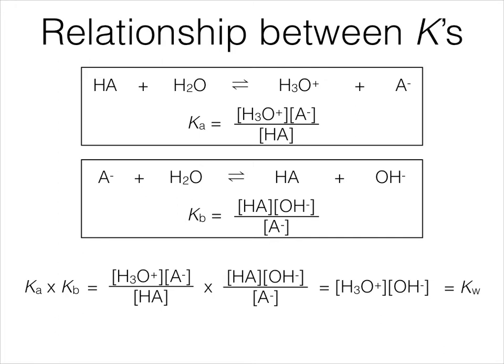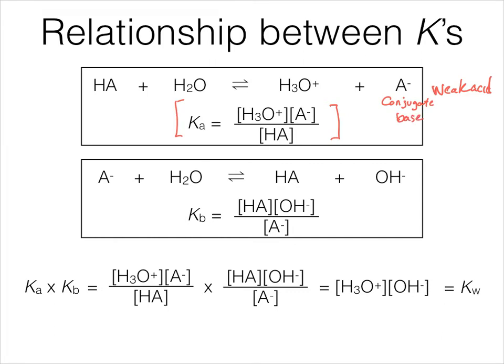So, if we have a weak acid, HA, reacting with water to form the hydronium ion and A-, it is described by this Ka. Now, remember that this A- is what is called the conjugate base.